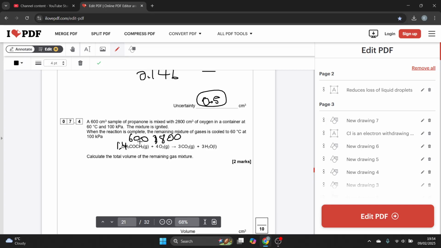So 600 times by 4 is 2400, right? That tells me 400 centimeters cubed of oxygen is in excess. So I'm already going to have 400 centimeters cubed remaining. And therefore to find out this, it's just going to be 600 times by 3, 1800... 1200. Total volume is 1200 plus 400, which is 1800.